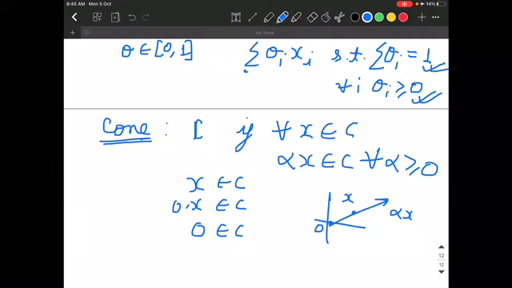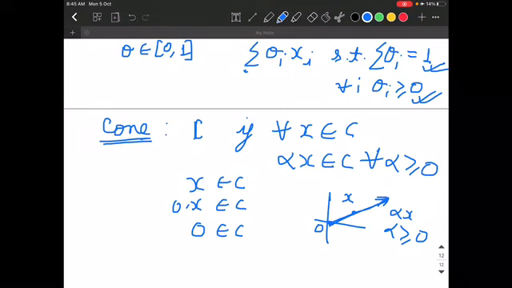If the tail lies on the origin, then alpha x will also lie on this ray, given that alpha is greater than or equal to 0. So this is a simple example of a cone.